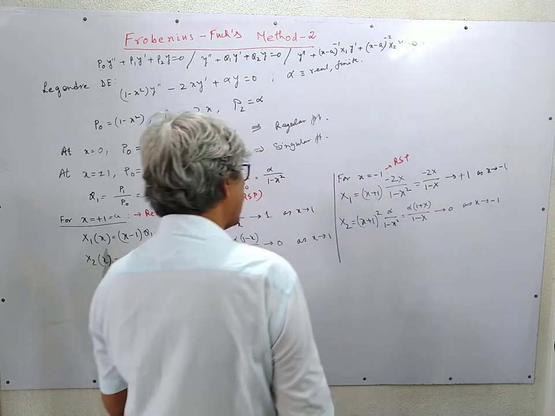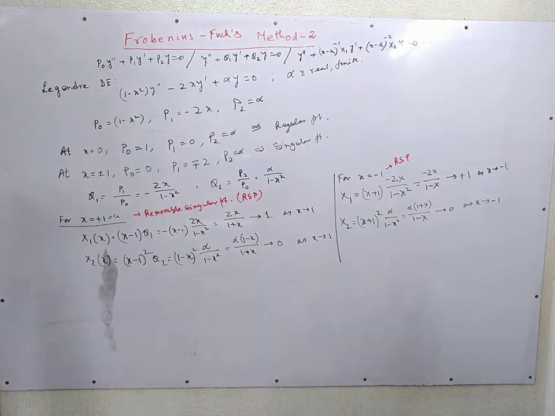So we conclude that for the Legendre differential equation, x equal to 0 is a regular point, and x equal to plus minus 1 are removable singular points.